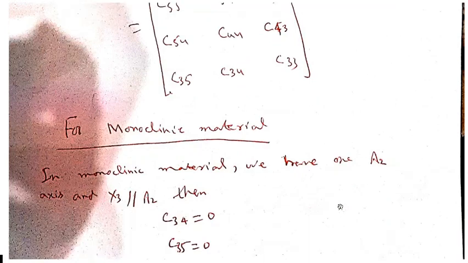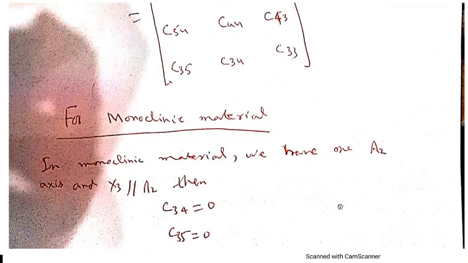Now suppose that we have a monoclinic material, and we know that in monoclinic material there is one A2 axis.